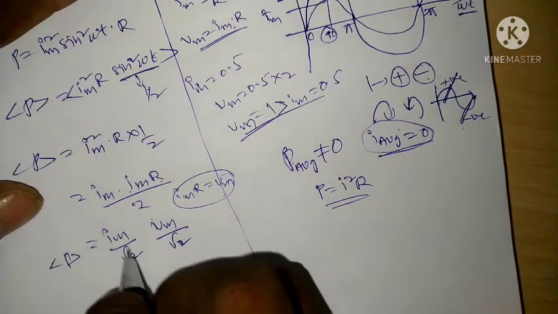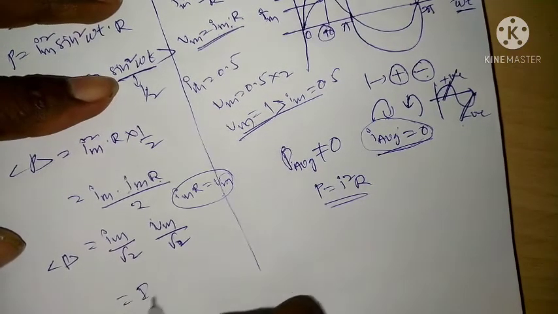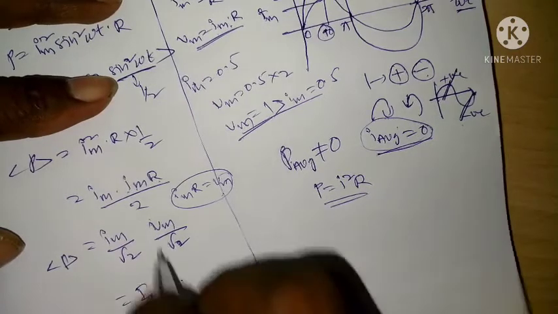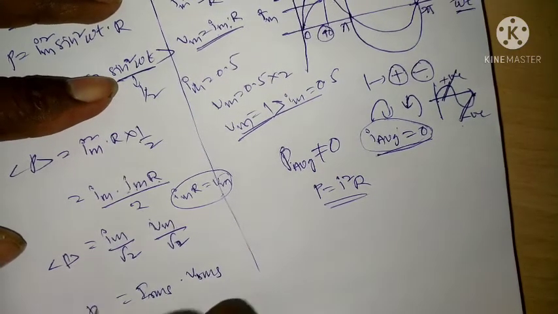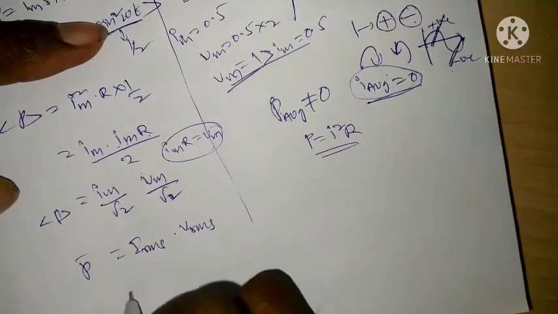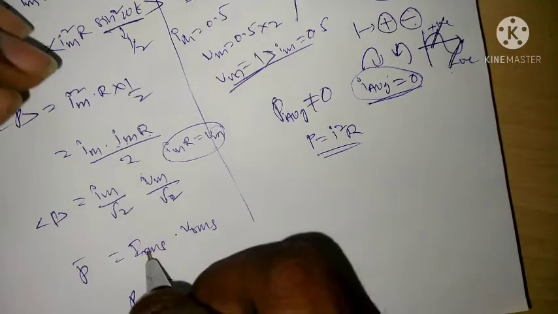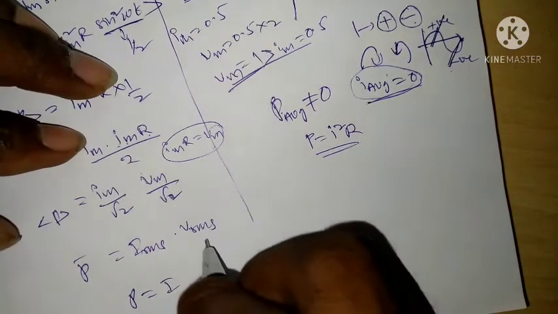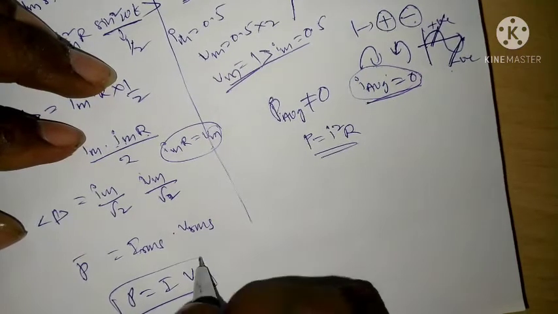Im by root 2, the maximum peak by root 2, is called IRMS, and that is VRMS. From this relation, with IRMS as I and VRMS as V, power is equal to V into I.